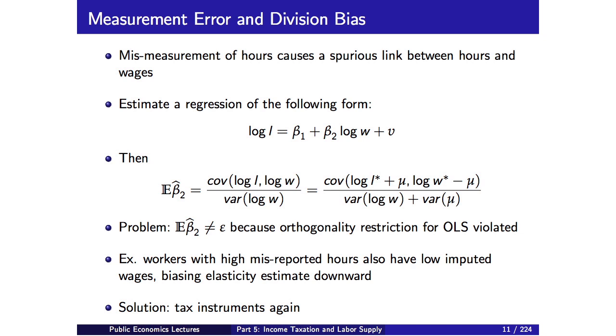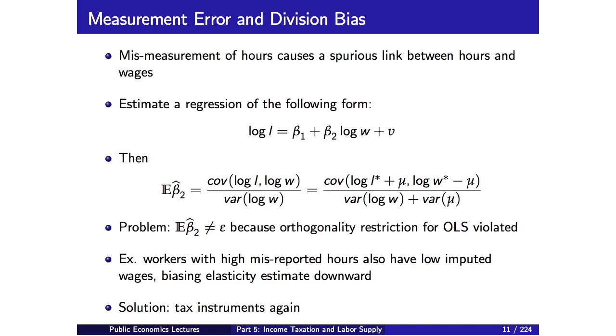And so now you're going to get a thing that does not converge to the covariance of log L with log W, no matter how much data you have. You're going to have this additional variance of mu term in the numerator. Okay, so that's mathematically what the issue is. What's going on? The orthogonality restriction for OLS is being violated.